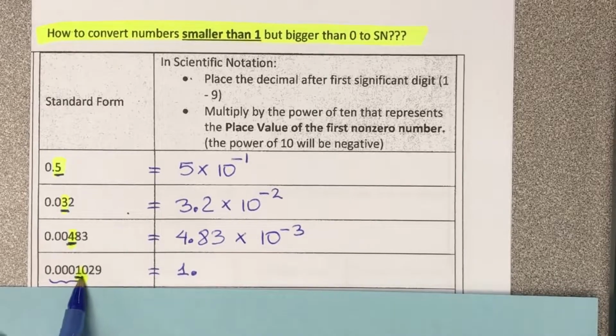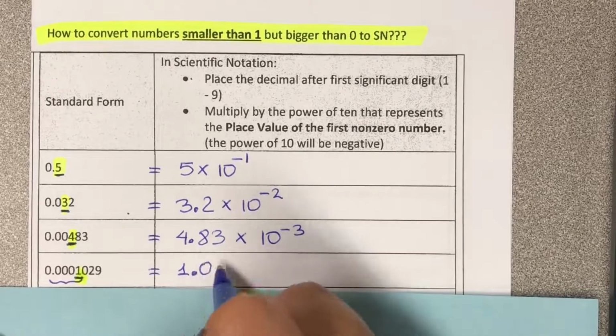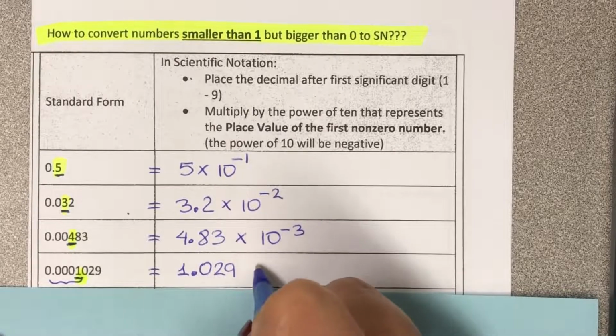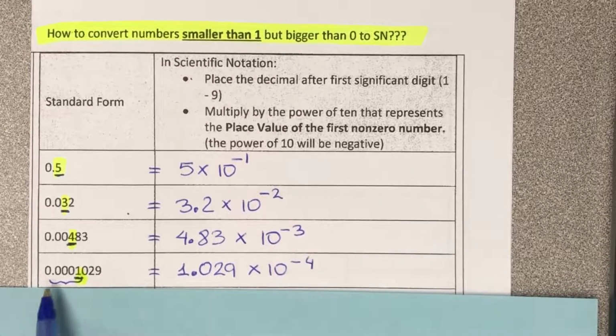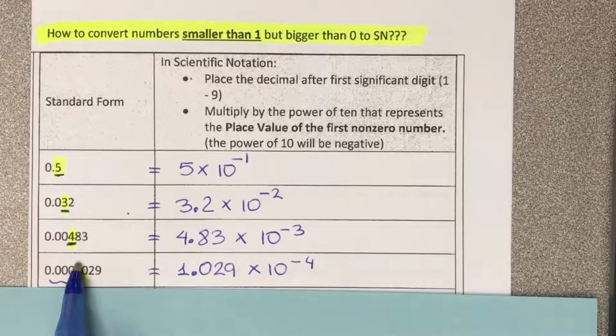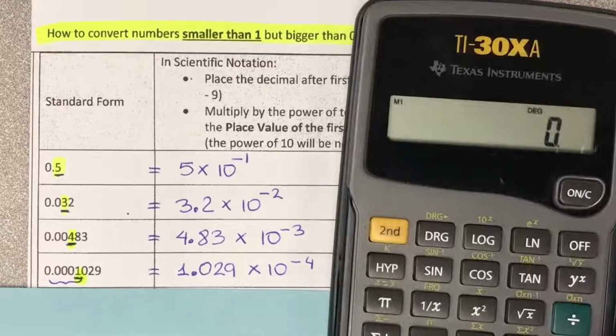So after I place the decimal behind 1, I put 1.029, and then the power of 10 will be negative 4, because 1 is in the fourth place behind the decimal.